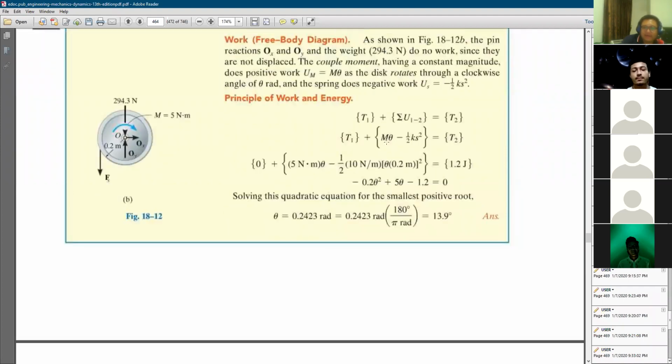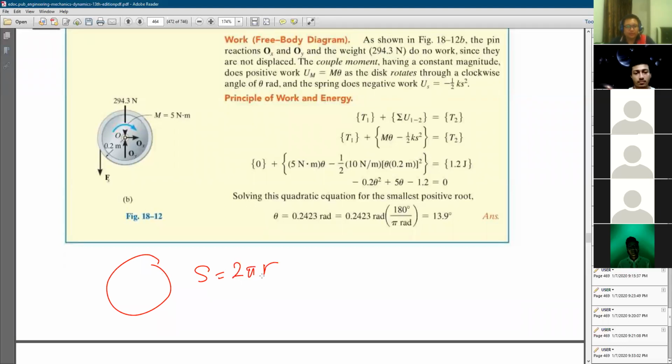That is the theta. And what else? Here we have the spring, which resists the motion, so it is negative. It is half Ks square, and K is given as 10 Newton per meter. Then S is theta times r. Last time, the circumference S is equal to 2 pi r.